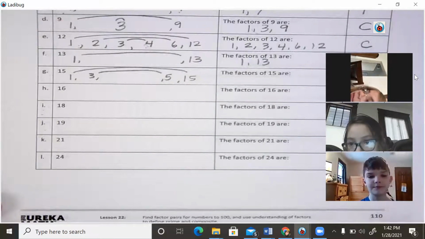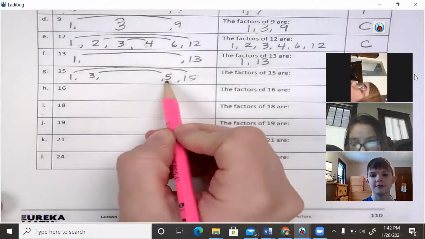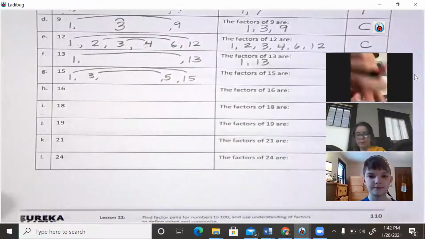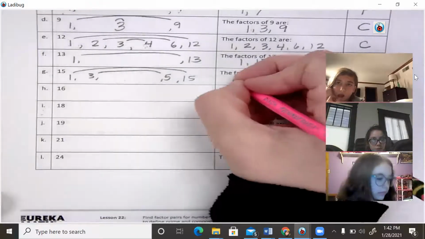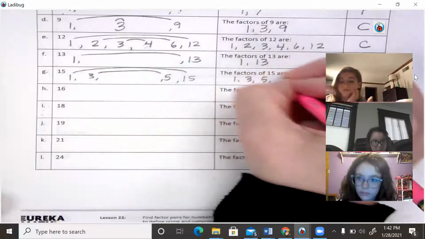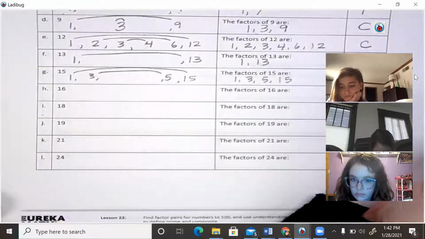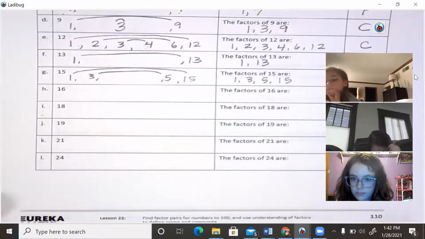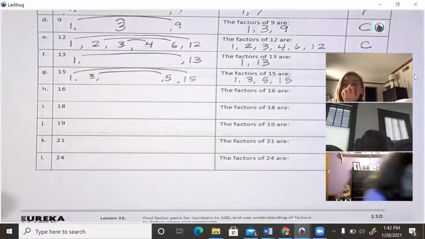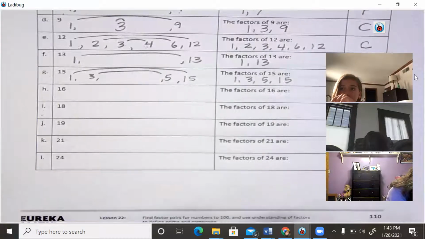No. So after 4 comes 5, and now you're back to your turnaround facts. So you should have a complete list. Read me off your list of factors. 1, 3, 5, 15. Does that make 15 prime or composite? Composite. Why? Because it has 4 factors. Very good.